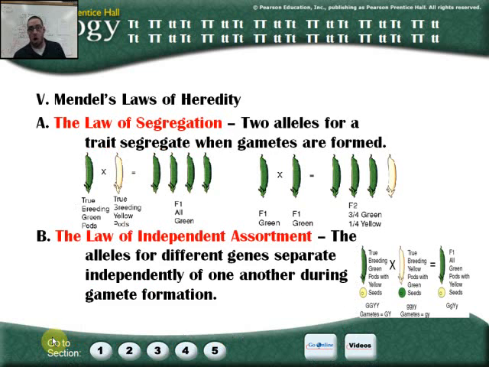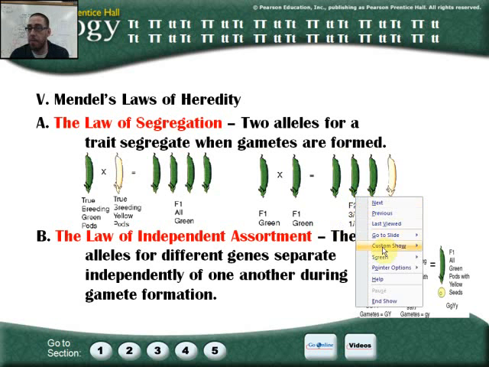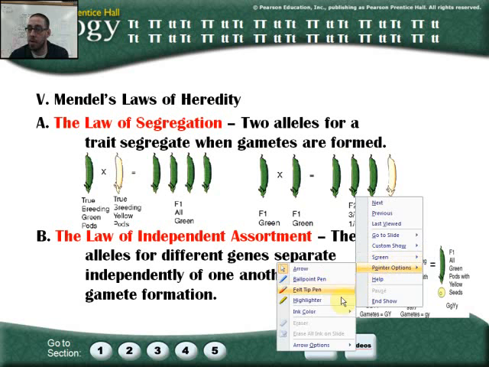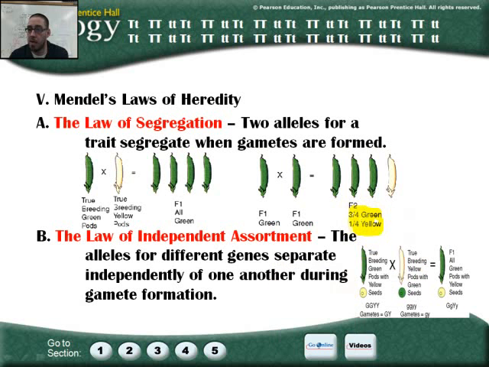There are 3 laws. The first one is segregation, and segregation is when you separate those letters when you make a Punnett square. Basically in meiosis, we separate genes that you get from your mom and genes that you get from your dad. In that F2 generation here at the end, you could end up with this coming back because of the law of segregation.